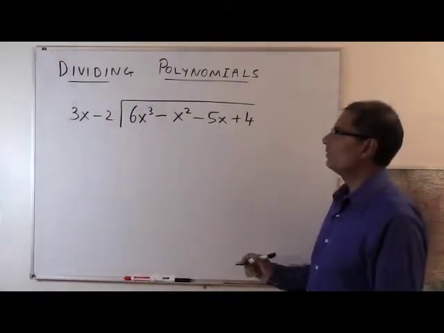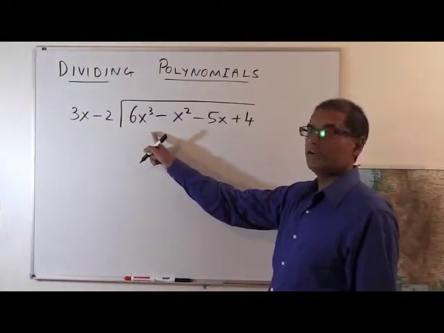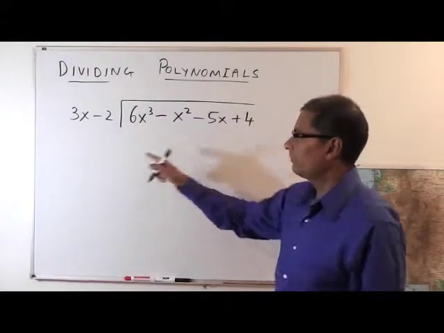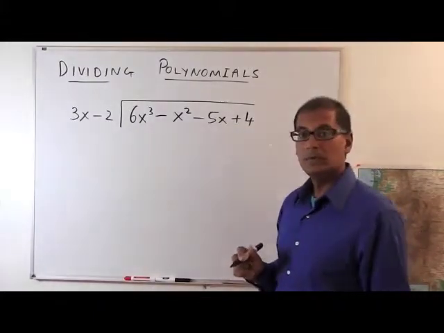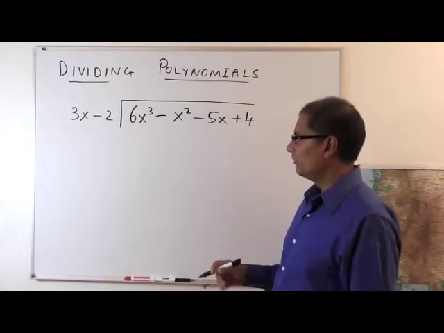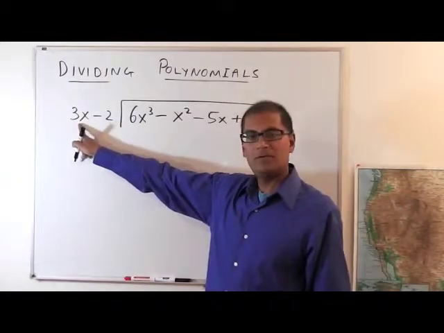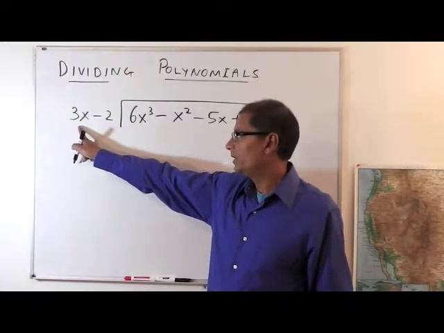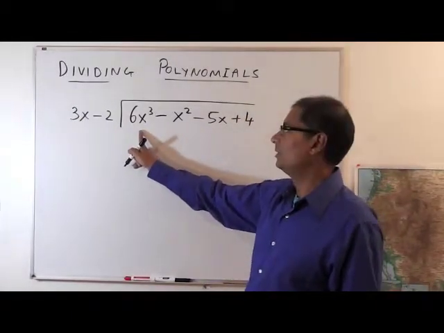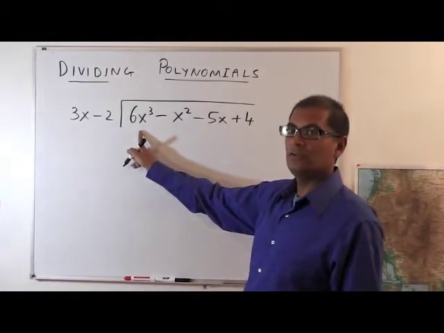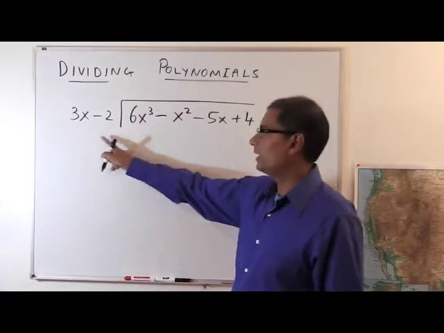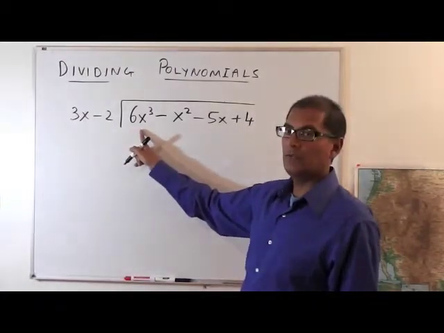So let's suppose we want to divide the polynomial 6x cubed minus x squared minus 5x plus 4 by 3x minus 2. Well, we use the same rules as long division. The first thing we're going to look at is how many times this lead term here, 3x, is going to go into this lead term, 6x cubed. Well, 3 goes into 6 2 times, and x goes into x cubed x squared times.